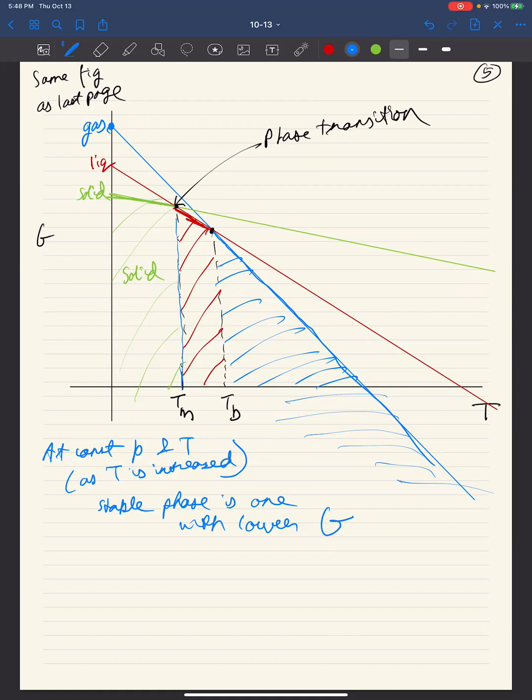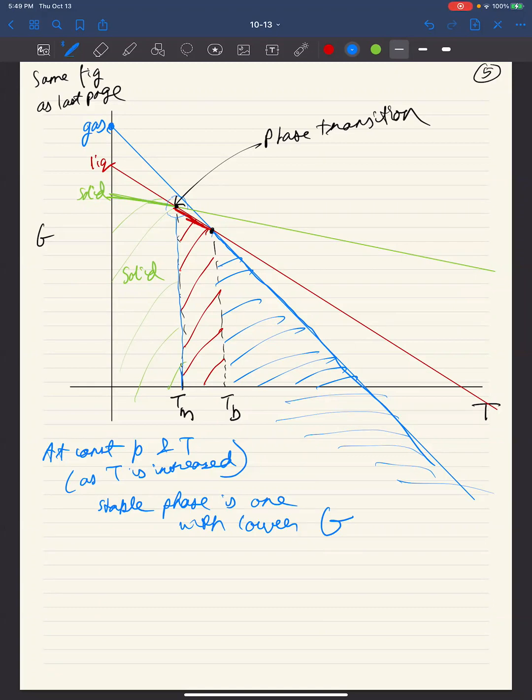Now, if you look at the total free energy, it's almost as if there is a discontinuity over here, right? It changed arbitrarily. So people classify phase transitions by whether G is discontinuous or not. If G is discontinuous, it's known as a first order phase transition. If G is continuous, but the first derivative of G is discontinuous, then it's known as a second order phase transition.